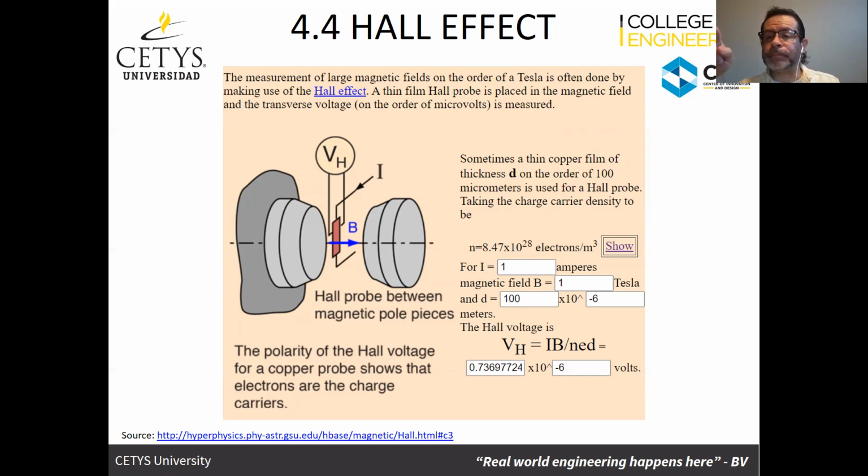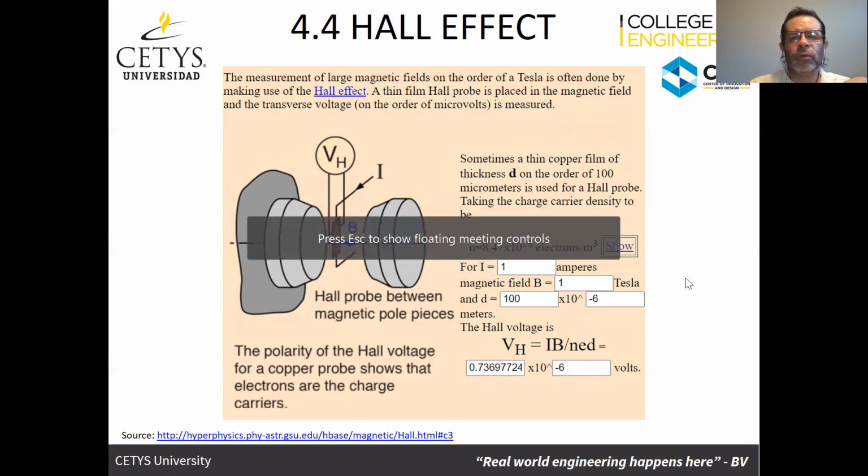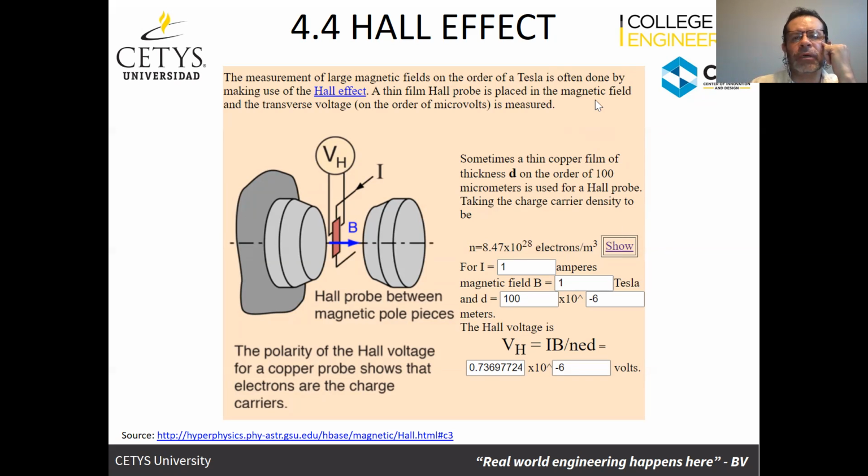A current is made to go through the thin copper film, and we measure the voltage perpendicular to that current. In this case, you can go to the web page and do some calculations there.